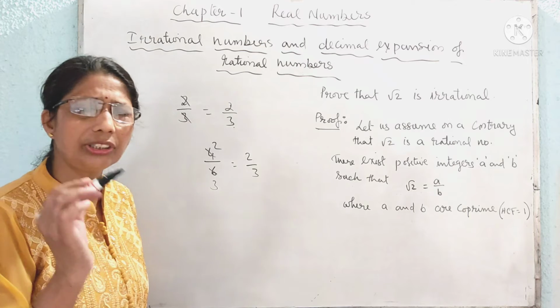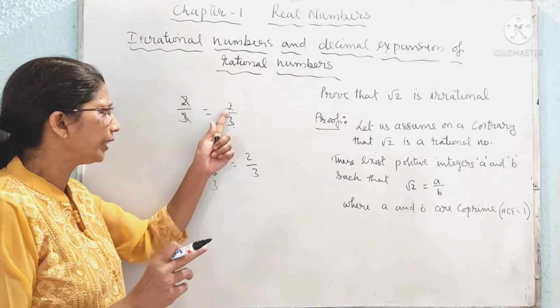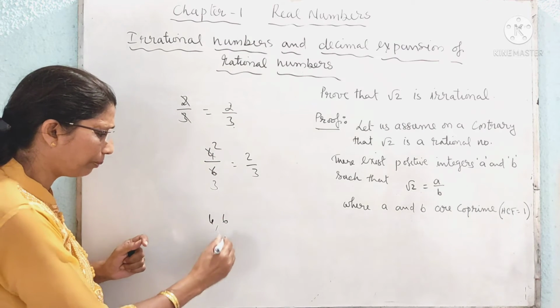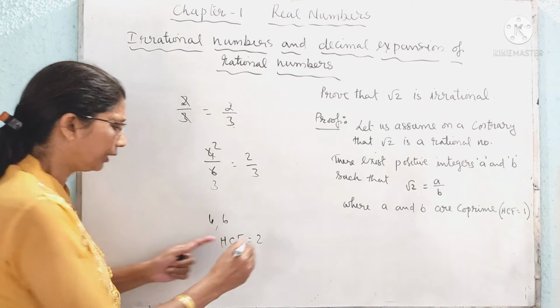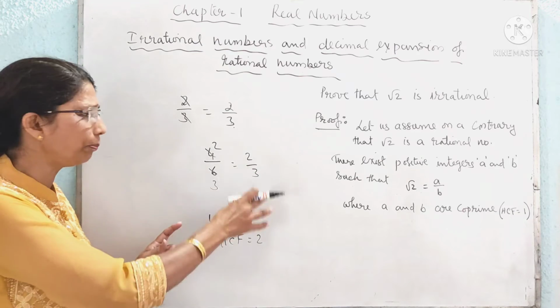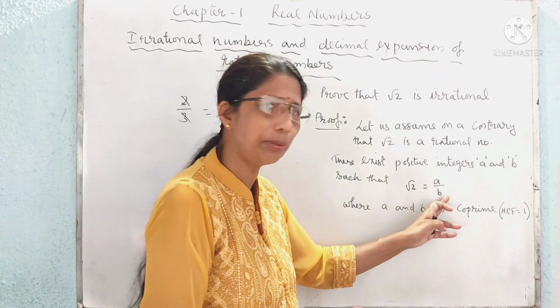That means their HCF is 1. The HCF of these two numbers is 1, so we can say that these are co-prime. Here 4 and 6, what is the HCF? HCF is 2, and these are not co-prime numbers. That means it is in the simplified form. Here root 2 equal to a by b, we have written in the simplified form.